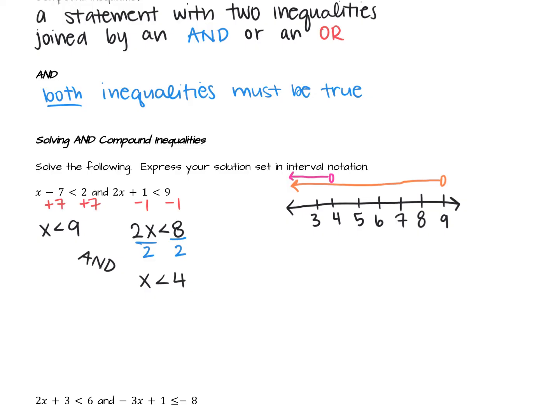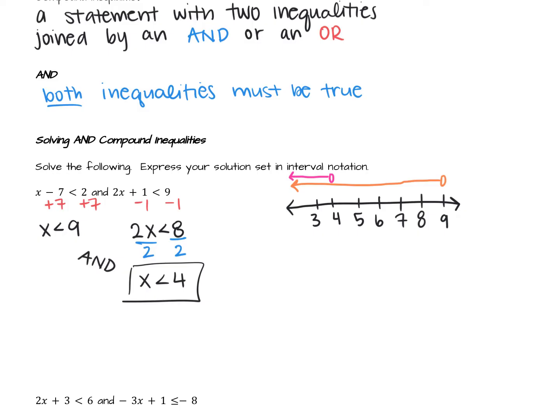When it comes to the solution here, I want to look to see where they overlap. And they overlap starting with everything less than 4. So in this case, my solution is only the inequality for everything less than 4, because that would be true for both inequalities.